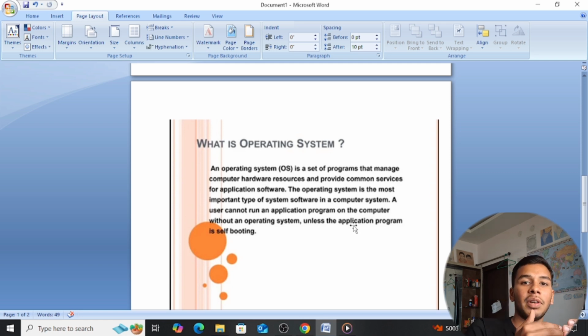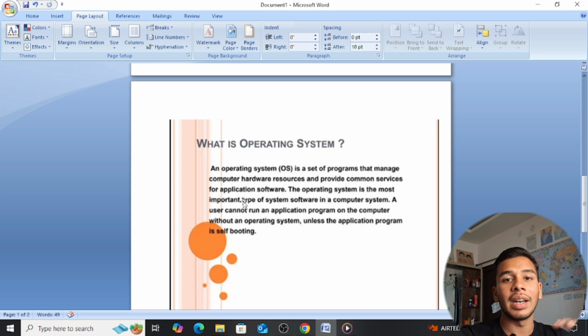In between me as a user and the computer, this operating system, which is OS, acts as the interface between user and computer hardware. You can find it manages the computer hardware resources and provides common services for application software.